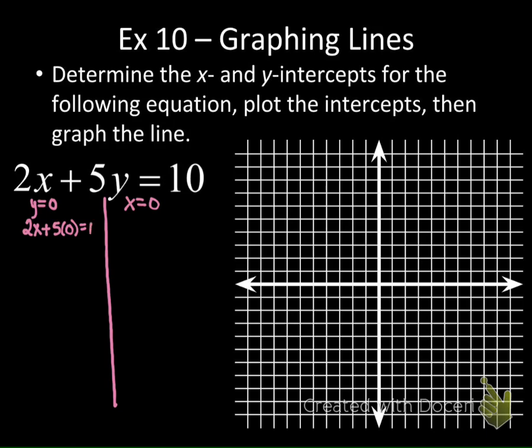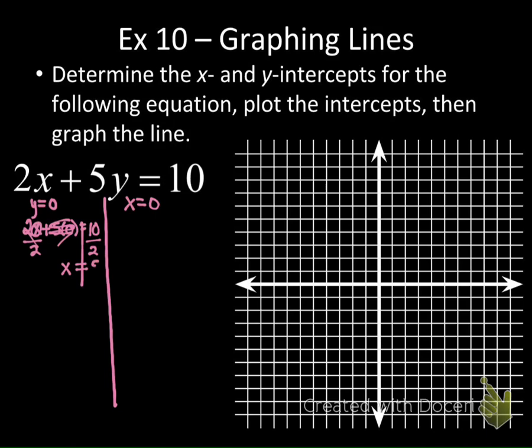Good. So I'm solving for x, so I'm going to circle my variable, draw my line of equality, then what? Cross out that 5 and 0. Divide by 2. So then x equals 5.